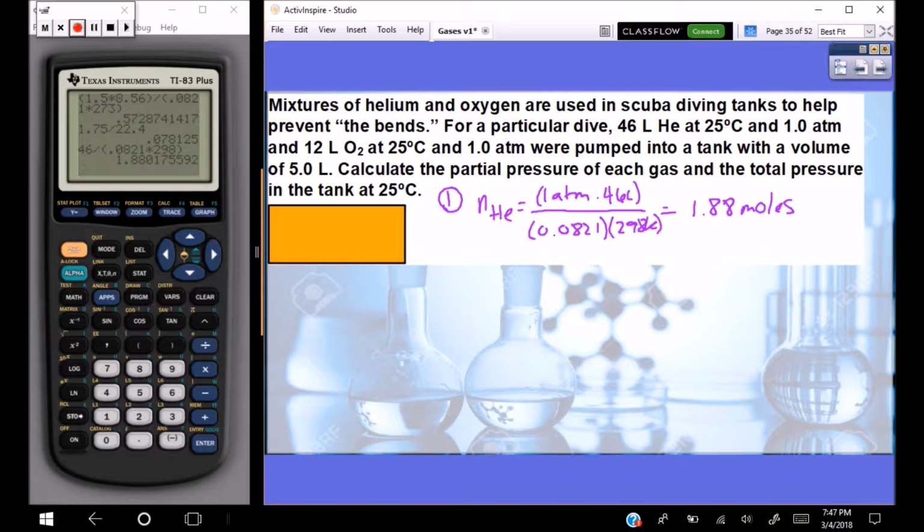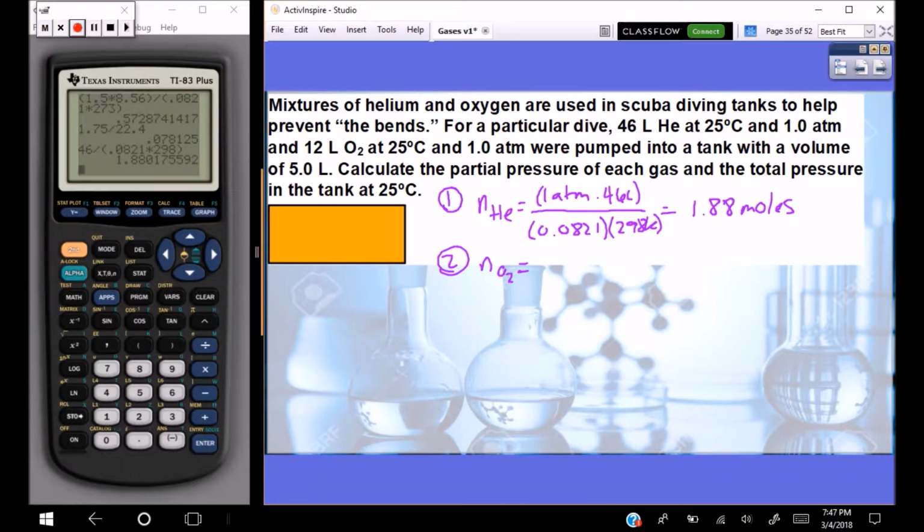And with 1.88 moles of helium, I also need to know the moles of O2. Because if I know the moles, I can figure out their contribution to the total pressure. I will show you how. But if I know the moles of each, I can then put that into the new gas law situation and figure out my pressures.